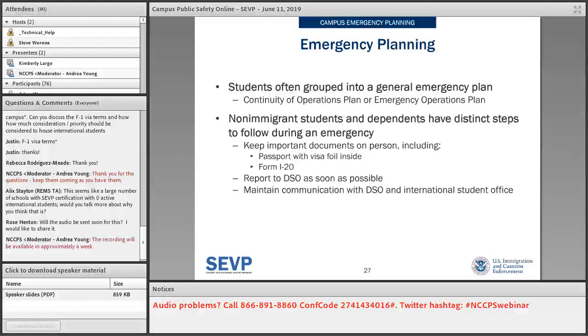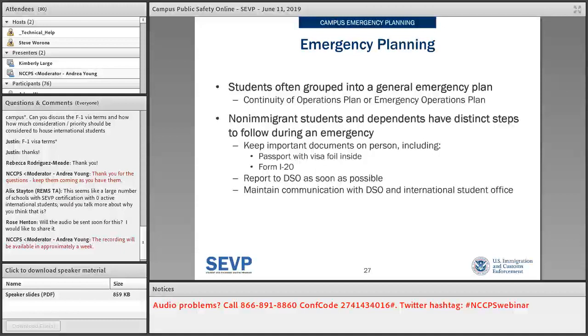Other things to think about are the documents that international students need to keep with them. Earlier we discussed the visa and the passport and the Form I-20. Again, those are all super important that those students have on them, especially if they're displaced. That shows that they're in the United States in a student status. And then of course, we're going back to the reporting from DSOs.